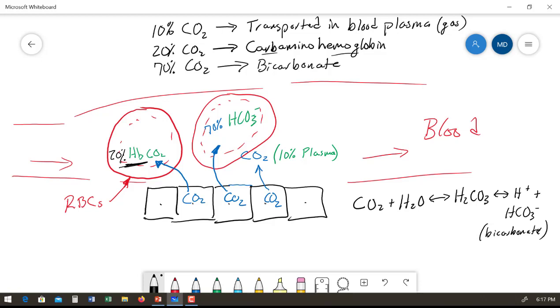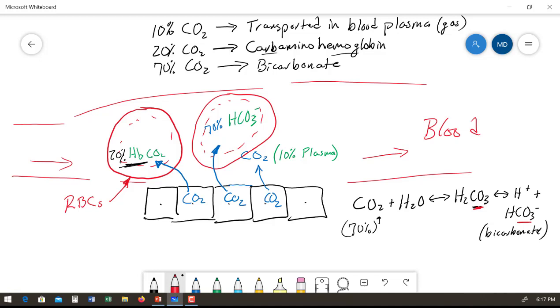So this is where 70% of the carbon dioxide that's produced in the blood will wind up going into this system. And notice, here you can find the CO2. So here's where the CO2 is. It's now bound in carbonic acid, and then eventually our CO2 winds up being part of bicarbonate.